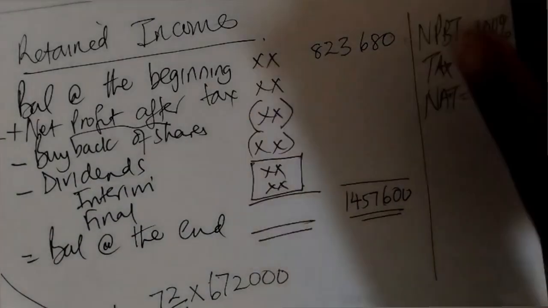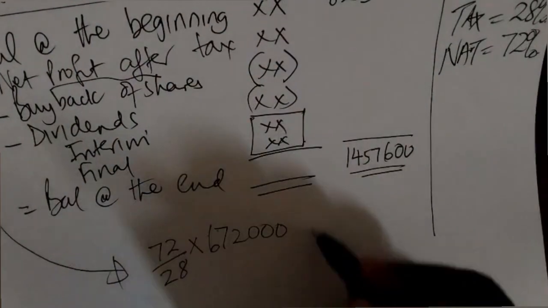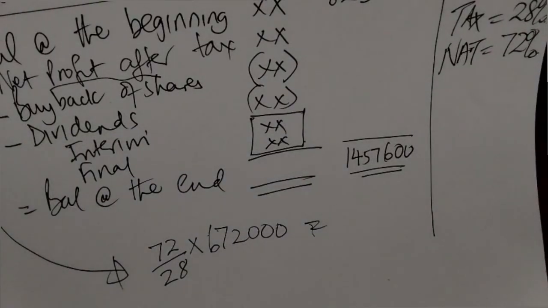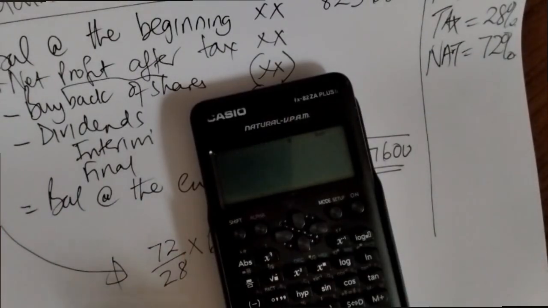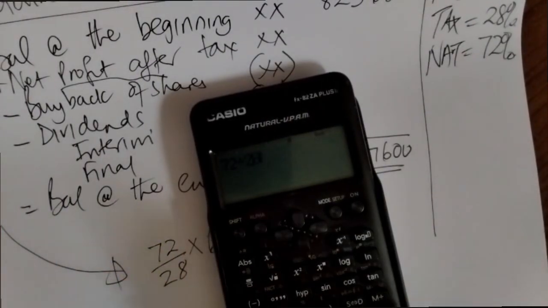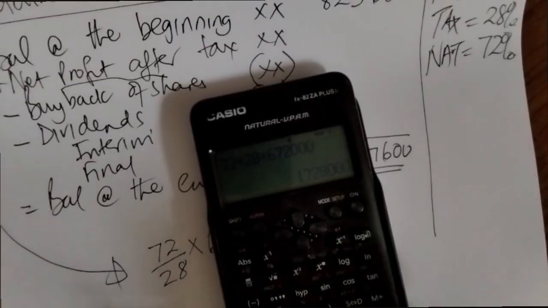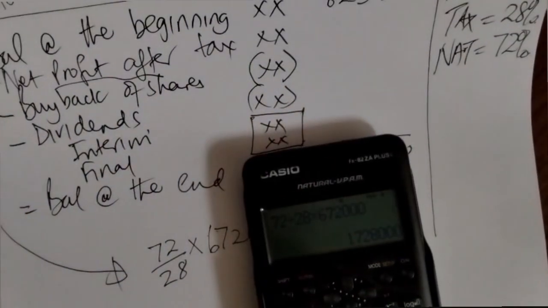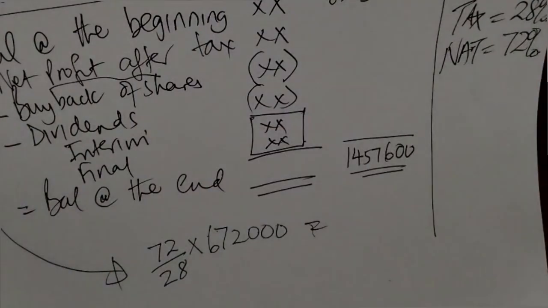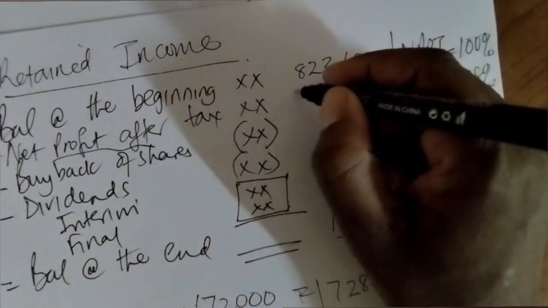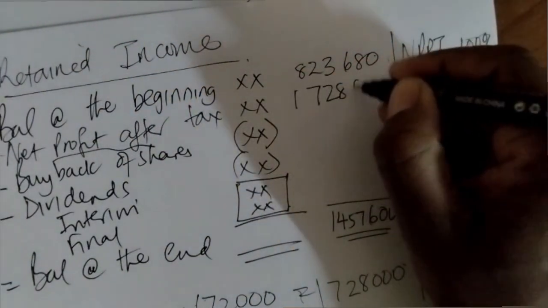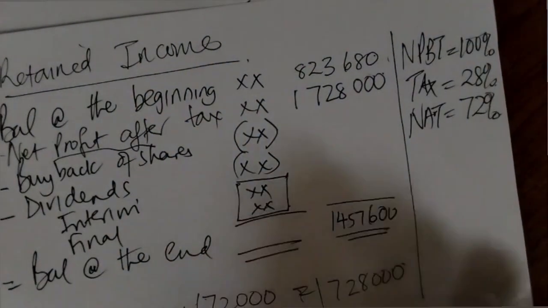So if I put it on my calculator, 72 over 28 times 672 gives me 1,728,000. So my net profit after tax is 1,728,000.